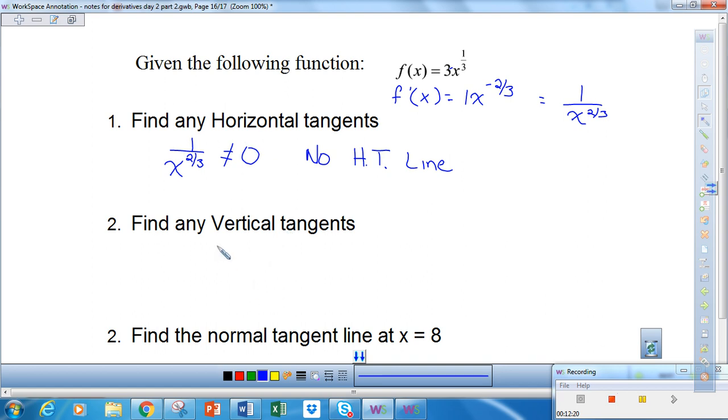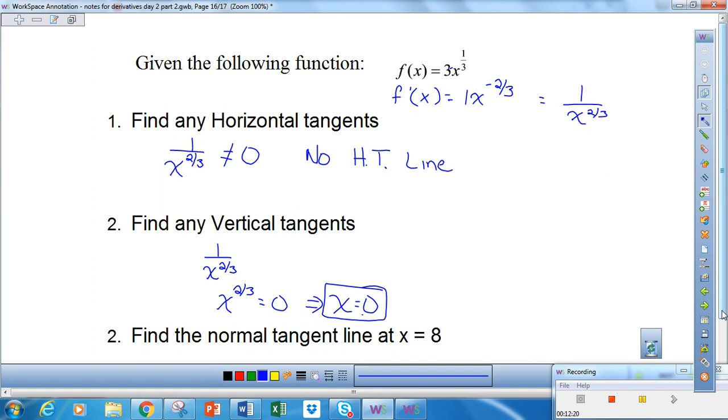To find the vertical tangent line, I take the denominator and set it equal to 0, because this happens when the derivative is undefined. So that would be x to the 2/3 is equal to 0, and that happens when x equals 0. So we have a vertical tangent line at x equals 0.